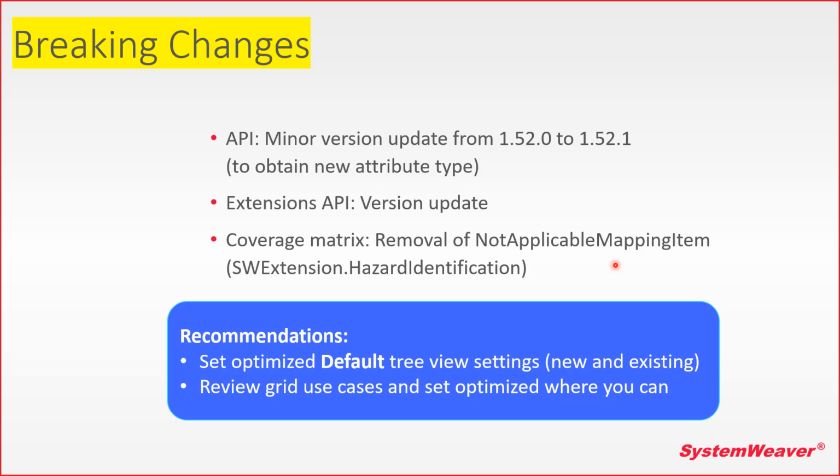And then, of course, a big thing is to review your grid use cases and use that to set optimized equals true wherever you can, because users will see a huge improvement in viewing, scrolling, exporting to Excel.